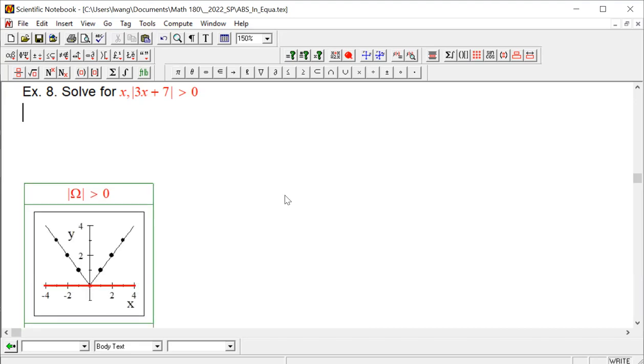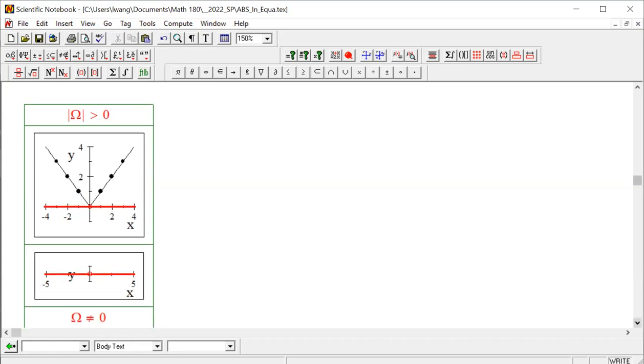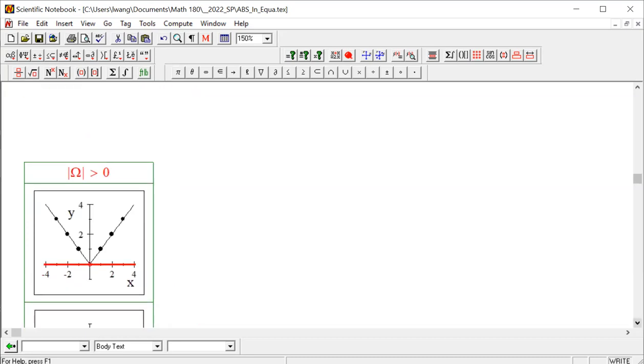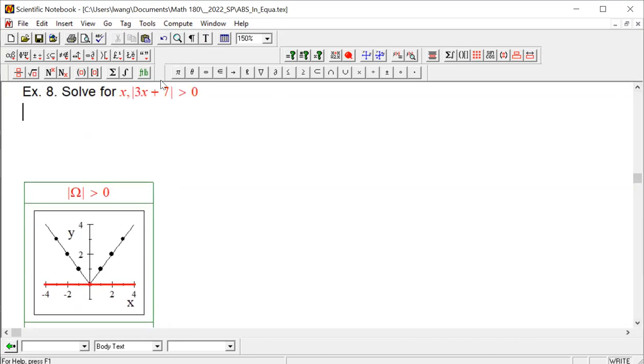And we understand this model. We know how it works. So the solution would be what? All real numbers except the number that makes omega equal to 0. So in other words, anything that makes omega not equal to 0 will be a solution.